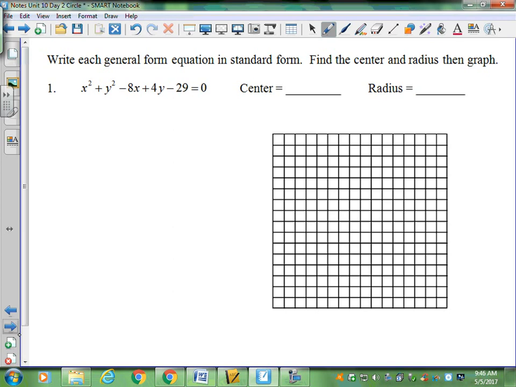And when you look at general form, you see nothing. You have no clue what the center is. You have no clue what the radius is. You have no clue where anything goes because not only did they square it all out, square the first, square the last, double the middle on both parentheses, they moved the number for the radius squared to the other side and made it equal to 0.